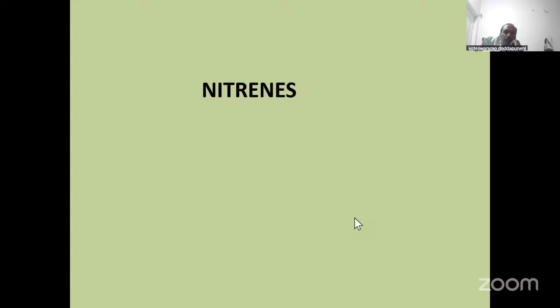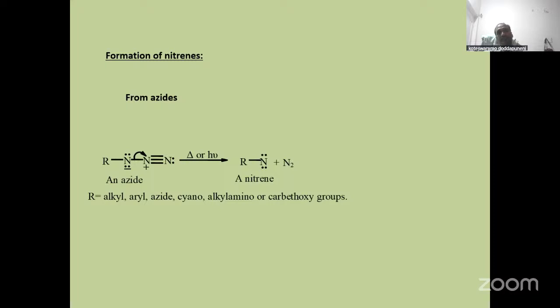Okay. Next, nitrenes. The formation of nitrene. Before going to that, the nitrene intermediate contains a monovalent nitrogen having a six-electron configuration, or six electrons. That we can simply show as RN, that is nitrene. Acyl nitrenes are the intermediates in Hofmann, Curtius, Lossen, and Schmidt rearrangement reactions, right?